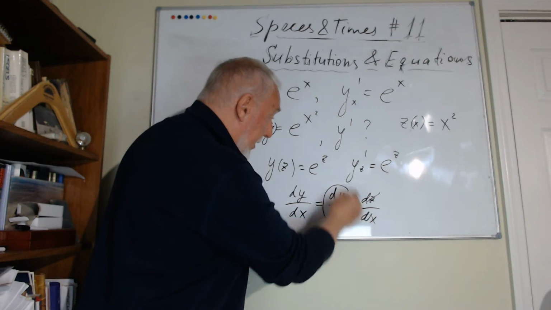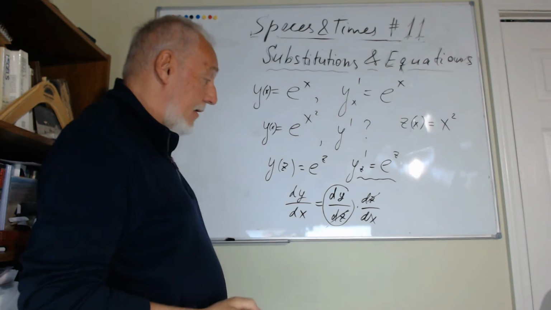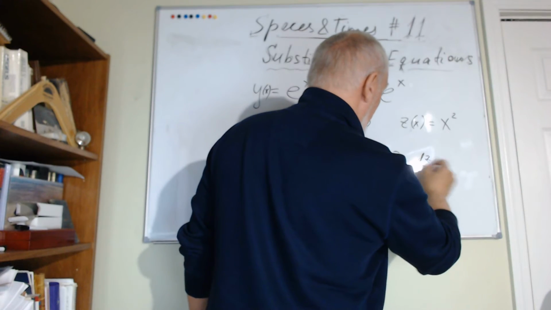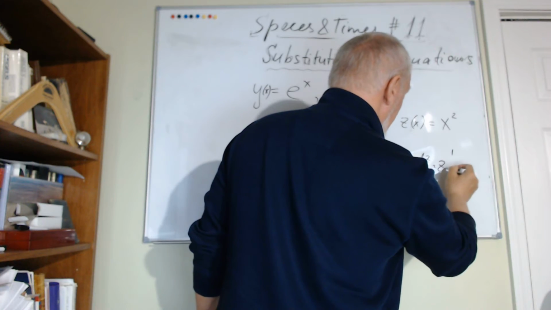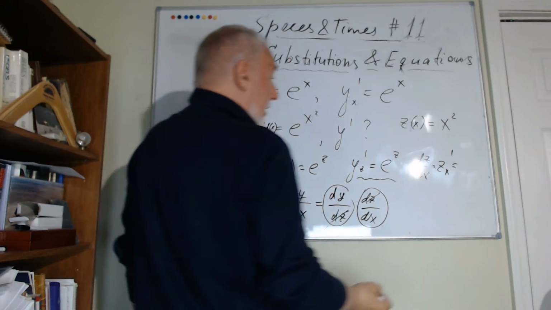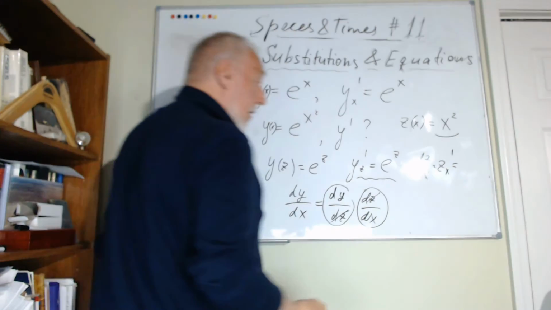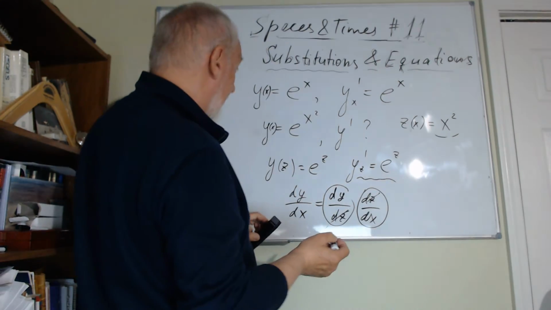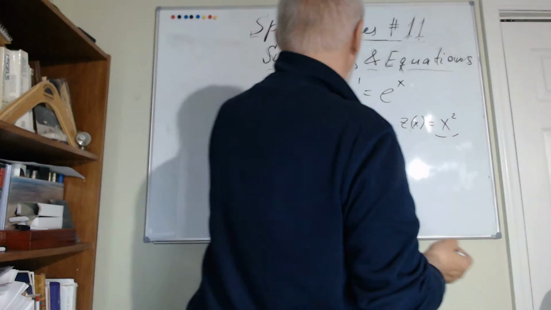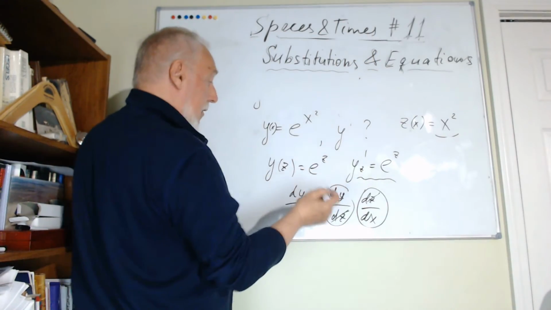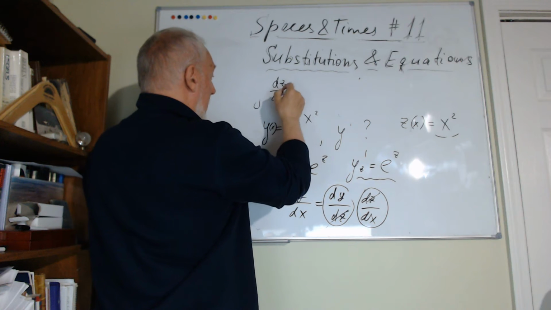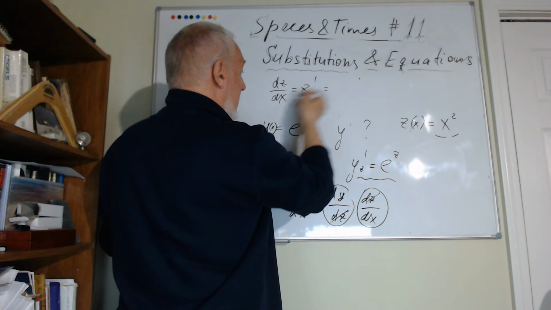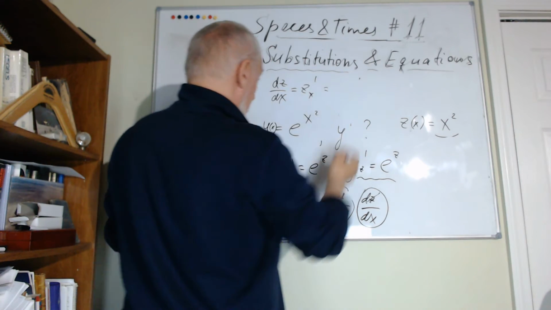But dy by dz is exactly that. And now all we need is to calculate this derivative, and dz by dx is the same as z prime by x. It's just notation. Let's calculate it.